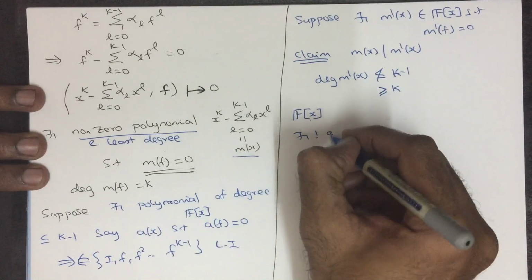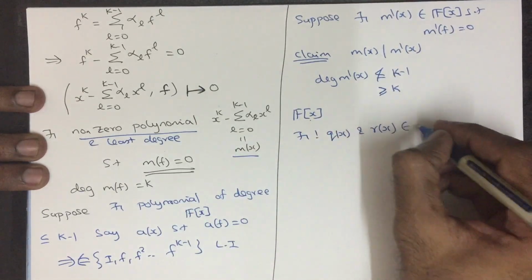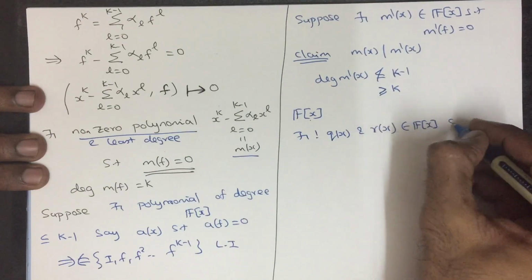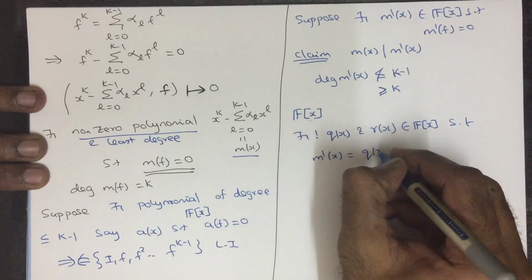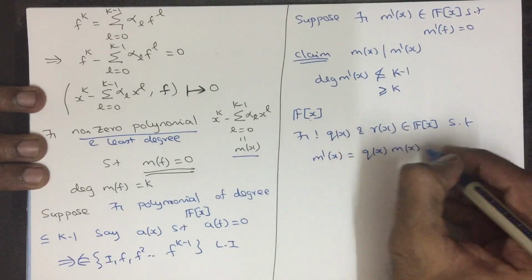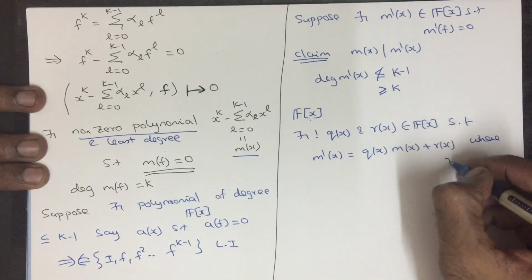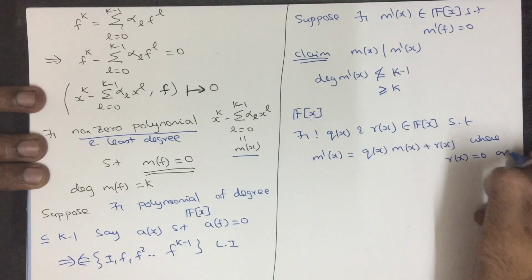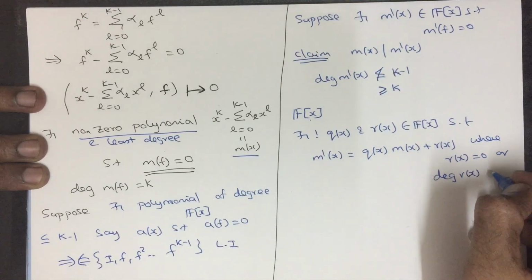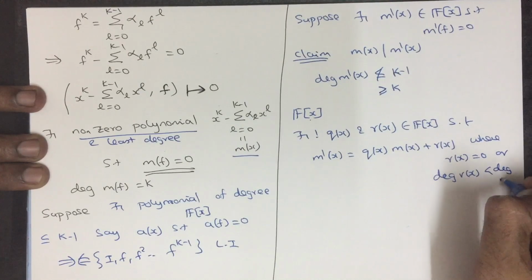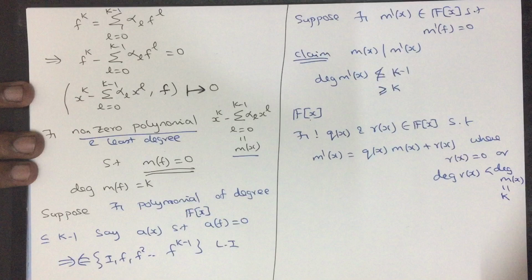There exist unique q of x and r of x belonging to F of x such that m dash of x can be written as q of x times m of x plus r of x, where r of x is either a 0 polynomial or the degree of r of x is less than the degree of m of x. We know the degree of m of x is k, therefore the degree of r of x is less than k.